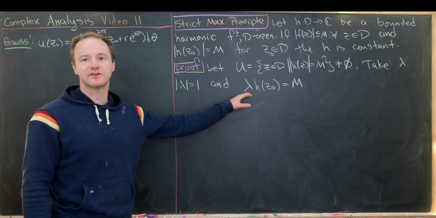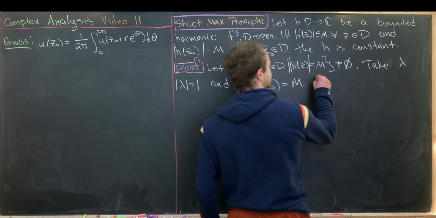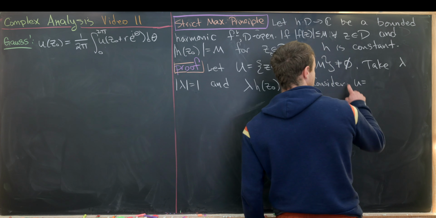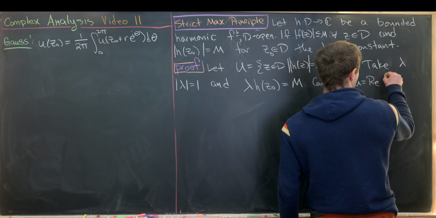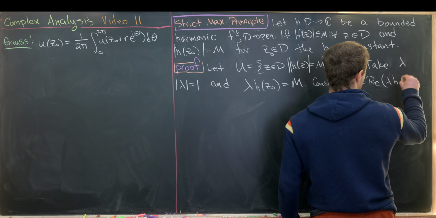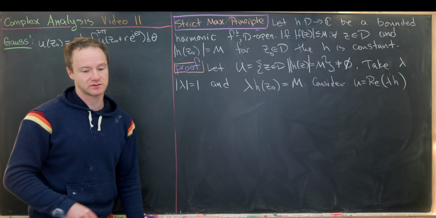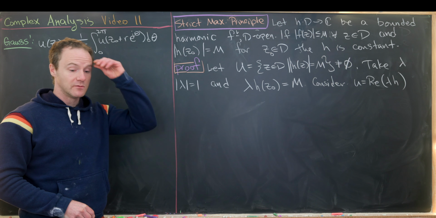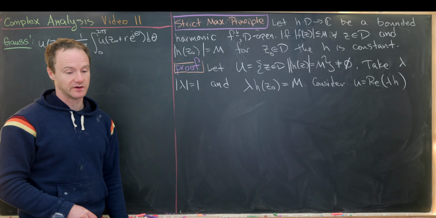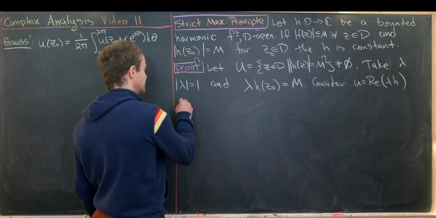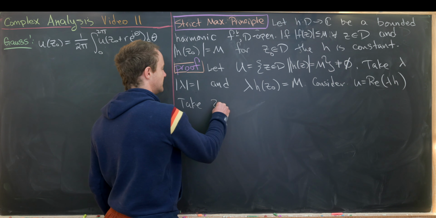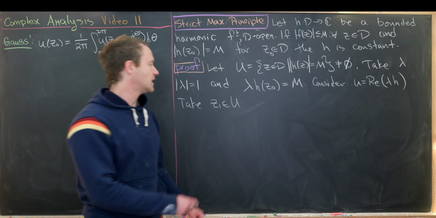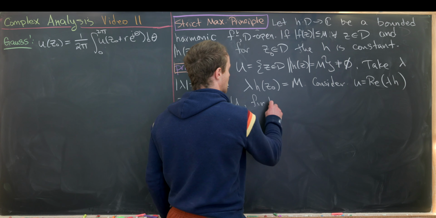And now we're going to consider a new function that's built out of this. I'll call that new function u, and that function u will be the real part of lambda times our function h. This is still a harmonic function, which is important to know, but it only takes real values. Now what we'll do is take some z1, which is in our set U, and then we'll find some r.